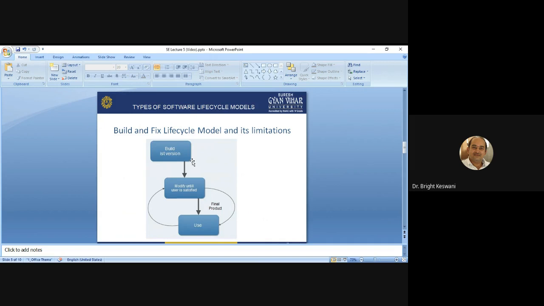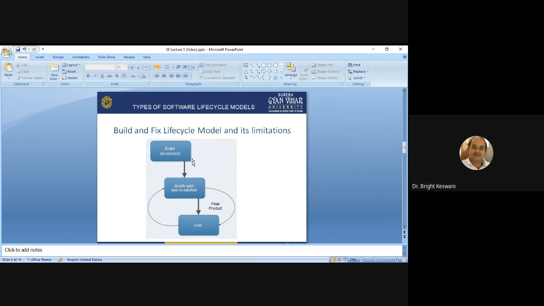So instead of the build and fix approach, it is essential that before development of a product begins, an overall process model be chosen. The process model specifies the various phases of the software process, such as the requirements, specification, planning, design, implementation, integration, and maintenance phases, and the order in which they are to be carried out.